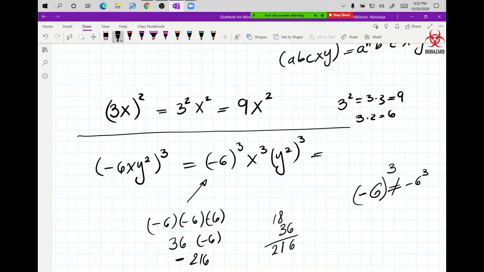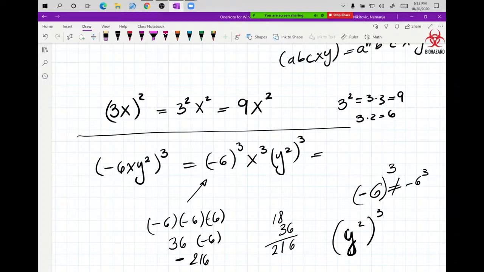On the last one with the y, you have y squared and then everything needs to be cubed. So first make sure you know what the y squared is there, and then cube. For x, nothing special is happening, so x did not get the parentheses. It was just a single x and then you apply the cube on it.